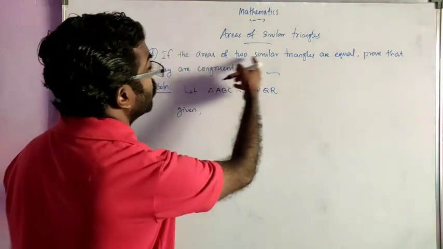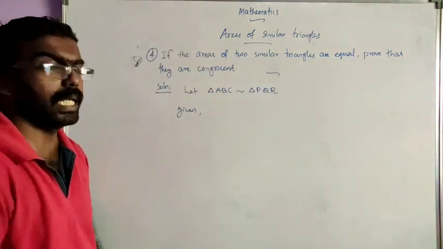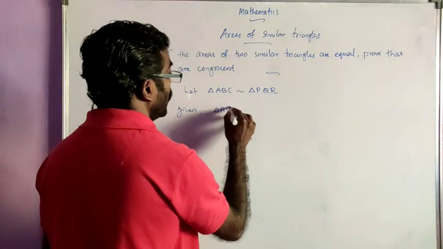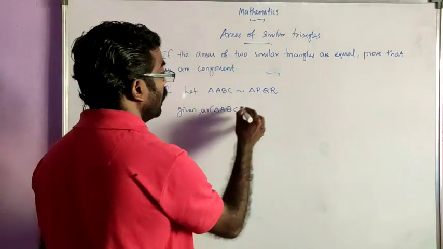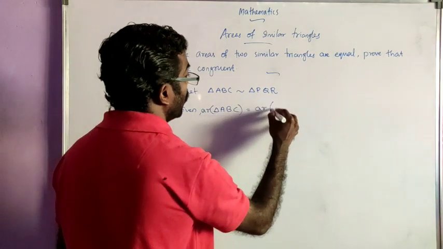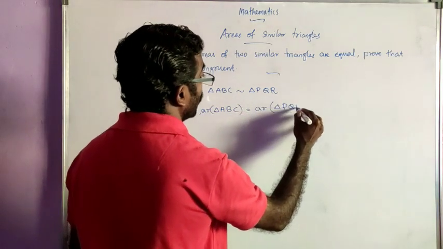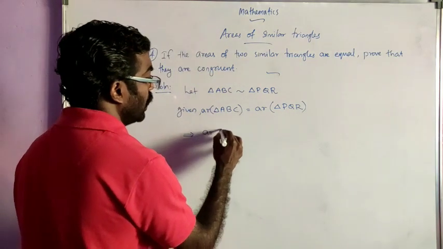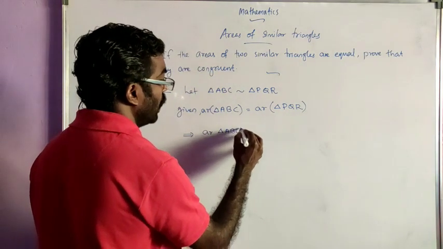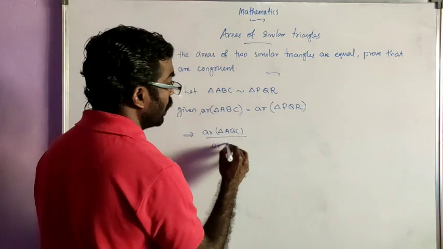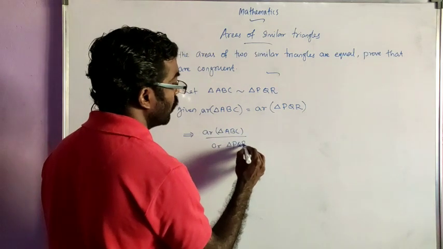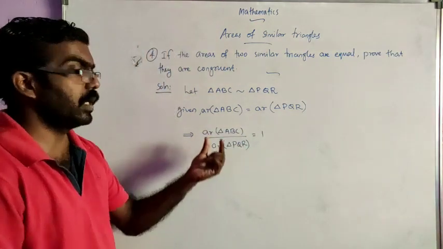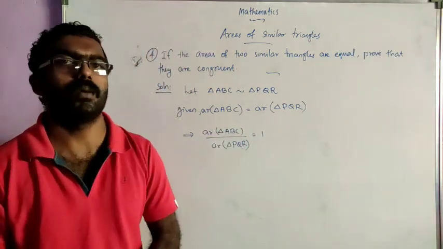So given area of triangle ABC equals area of triangle PQR, which implies area of triangle ABC divided by area of triangle PQR is equal to what? 1. These two quantities are equal.